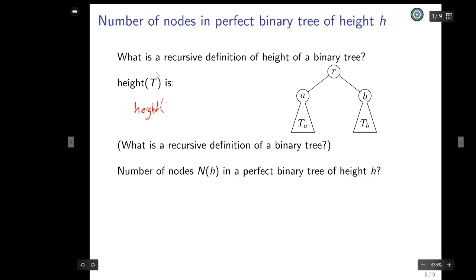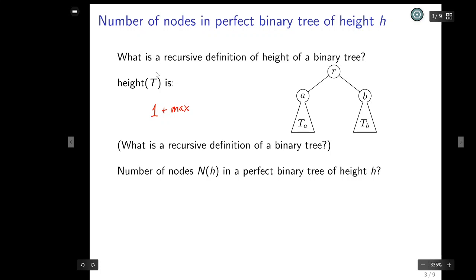Height of T. Oh, no, I don't have to put it. So what is it? When I at least have one subtree, I'm the root, and I have at least somebody. What's my height? Yeah. So usually this is the case when you've got something that's got nodes in it.